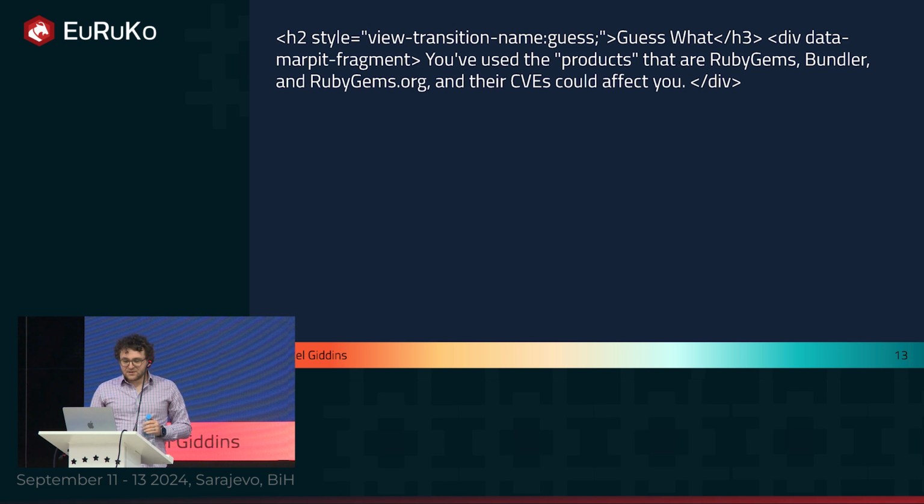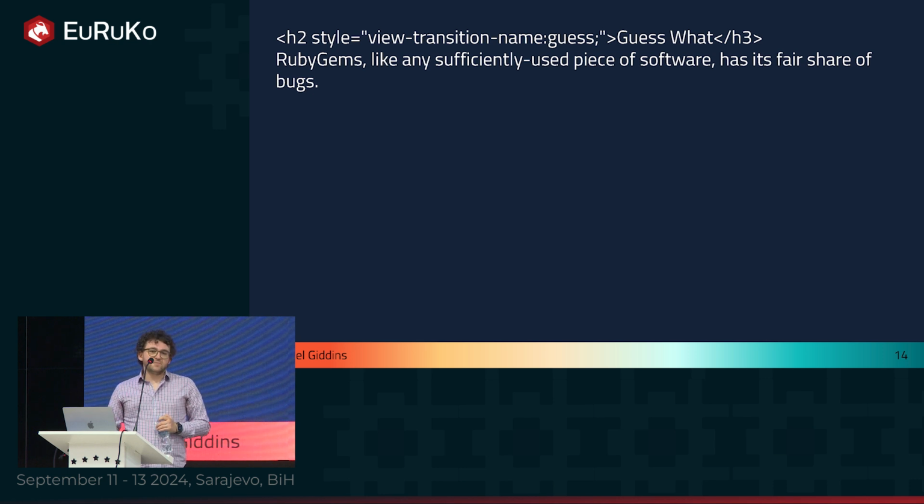It's because you have used the products that I work on, things like RubyGems, Bundler, and RubyGems.org, and any vulnerabilities in those projects, they could affect you. Talk to your doctor and see if security is right for you. To those that don't know, in America, we love putting advertisements for very expensive medications on TV, and they all sound like that. It's wild.